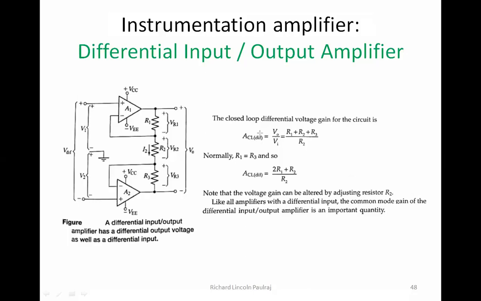So what's going to be my closed loop differential gain? It's going to be output by input. The output here, we know, is R1 plus R2 plus R3, divided by R2. You can see it is getting divided by R2, which means R2 is playing a very major role.